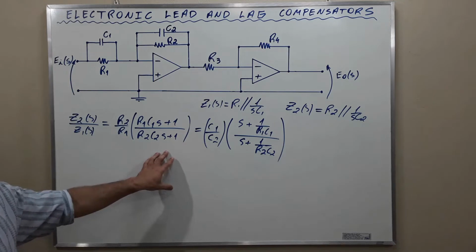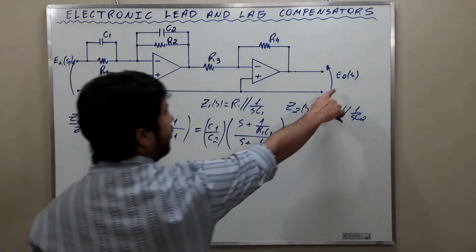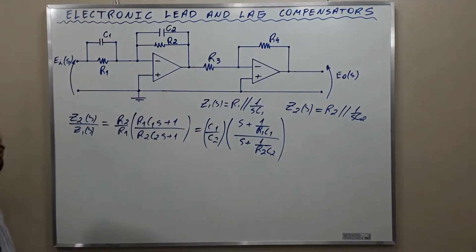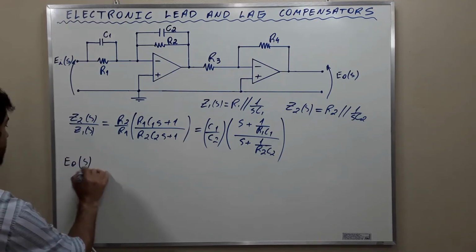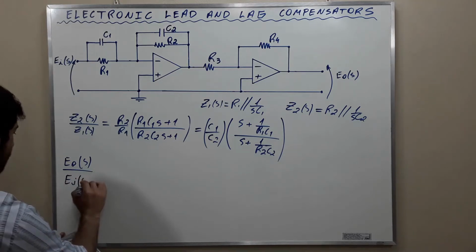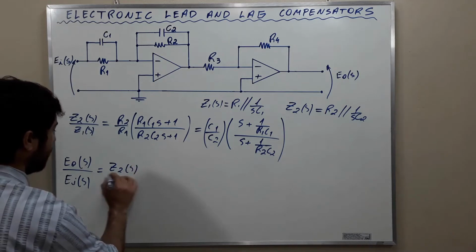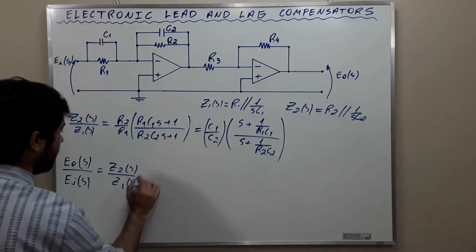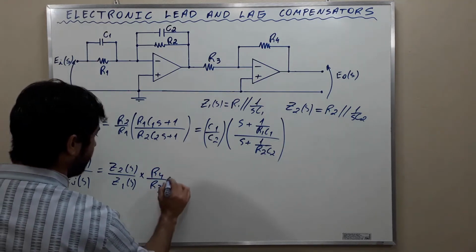With this result, we can write the global transfer function from the output to the input in the complex domain. Then the global transfer function is going to be E0 of S over EI of S, which is Z2 of S over Z1 of S times R4 over R3.